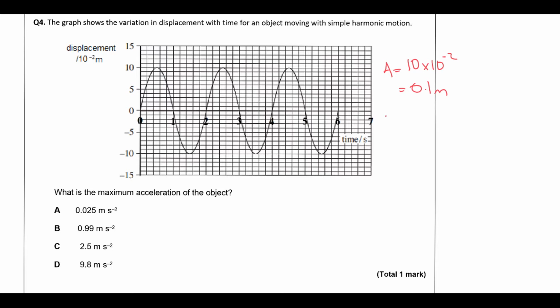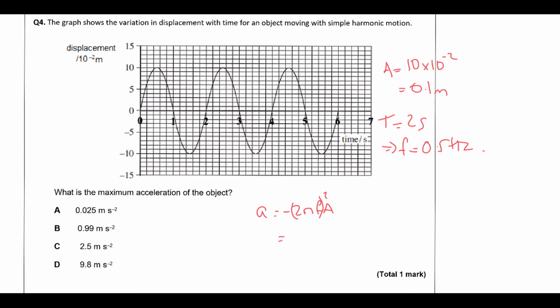We can also pick up that the time period, the time for one full oscillation, is 2 seconds, which means the frequency is 0.5 hertz. So a is equal to minus (2 pi f) all squared times A. Let's plug that in.